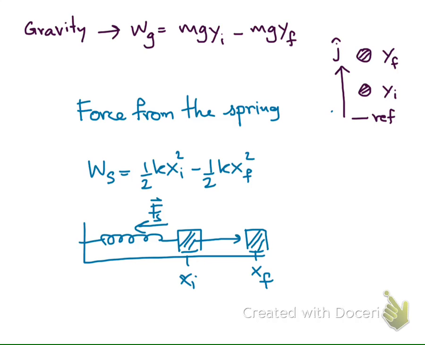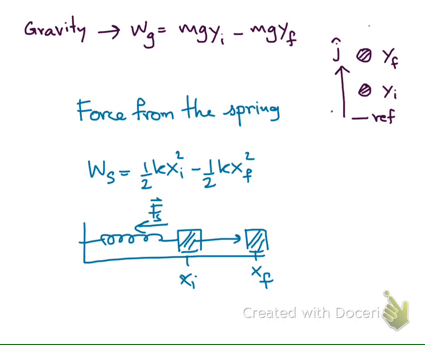If you move an object from this point to the final point and then move back to the initial point, the work done by gravity is 0. Also if you push or pull the object from the initial point to the final point and then go back, the total work is 0. So these two forces satisfy the condition for a conservative force.